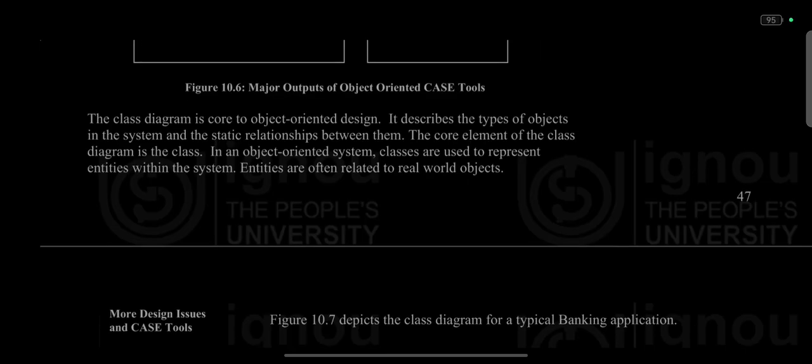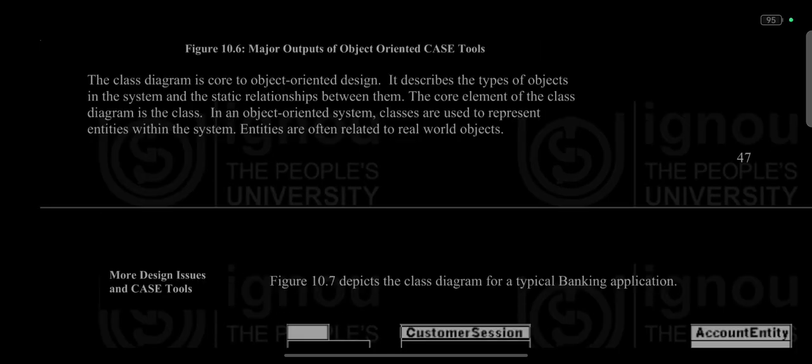The class diagram is core to object oriented design. It describes the types of objects in the system and the static relationships between them. The core element of the class diagram is the class.